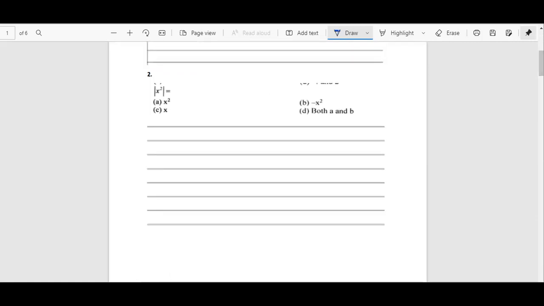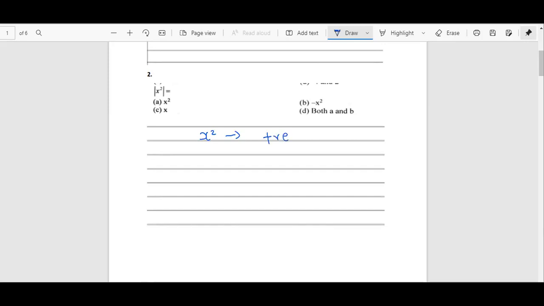Okay, now again we have mod, |x square|, okay? Here they have not mentioned that x is a complex number or a real number, so we need to think of it as a real number, right? So in the question, you have been given a real number with a square on it and it has a mod. One thing is for sure, whenever we have a squared number, it is going to be positive definitely, right?